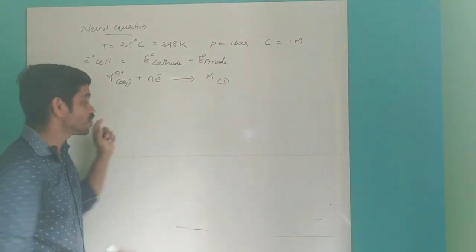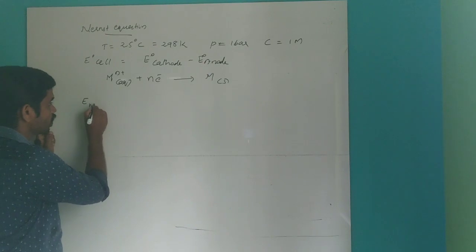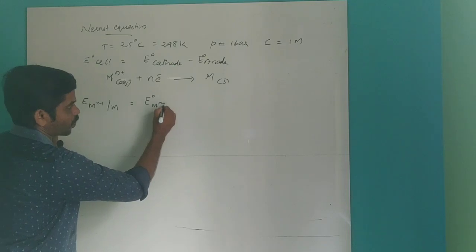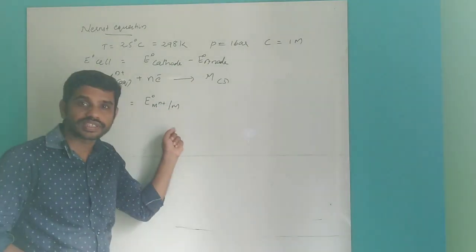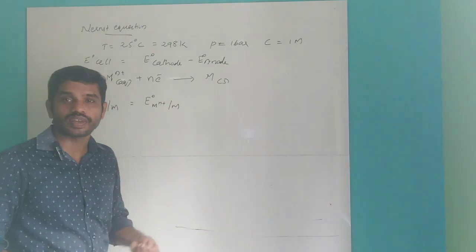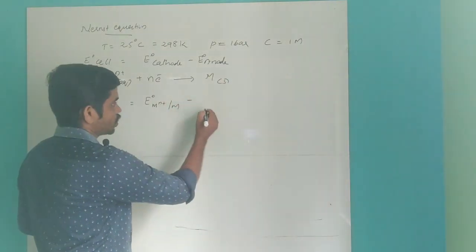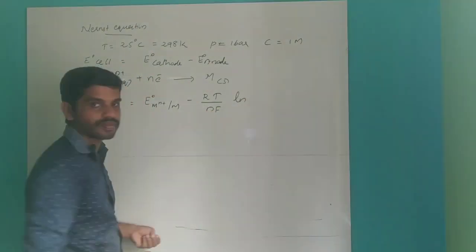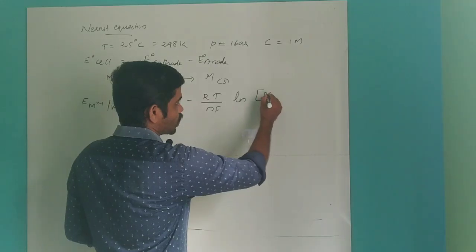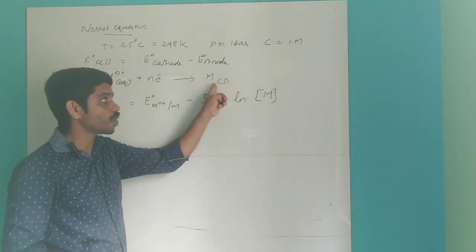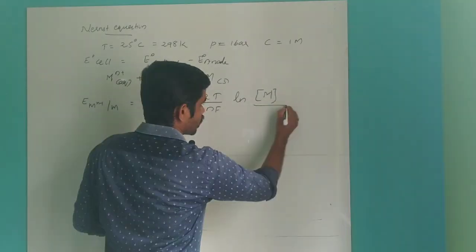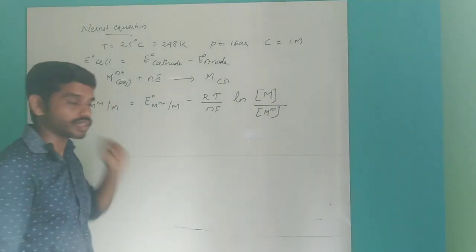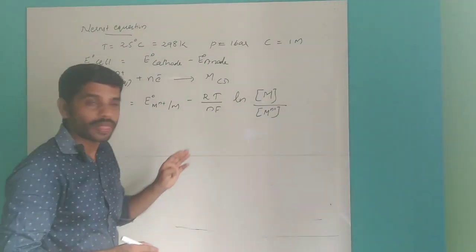So here the EMF of the single electrode Mn+/M is equal to E0 of that electrode, which is in the standard condition already given in the electrochemical series, minus RT by nF ln of the concentration of the reduced state, that is the product M, divided by the concentration of Mn+, that is the oxidized state.